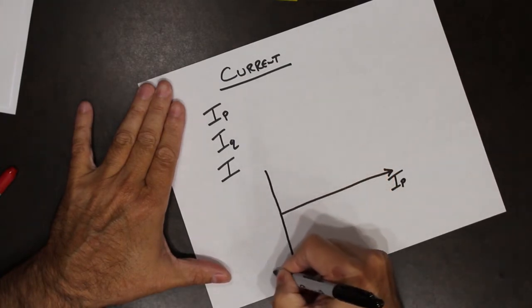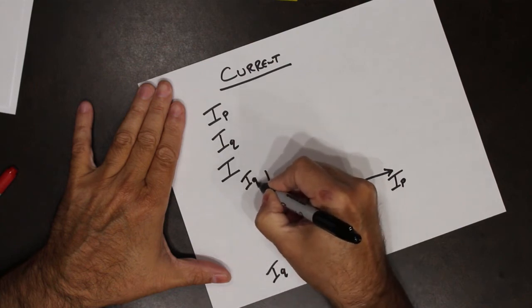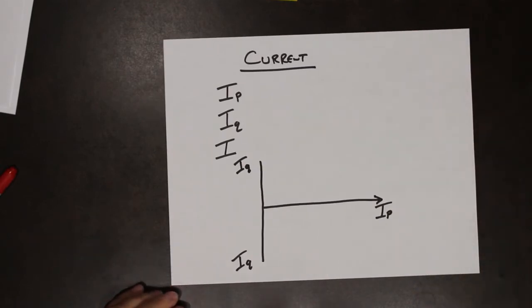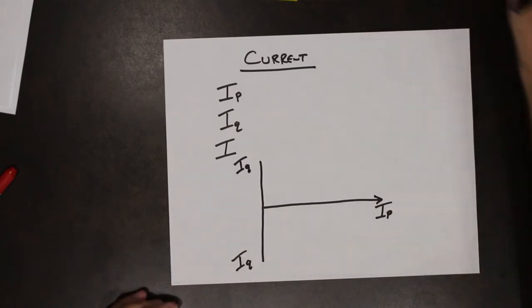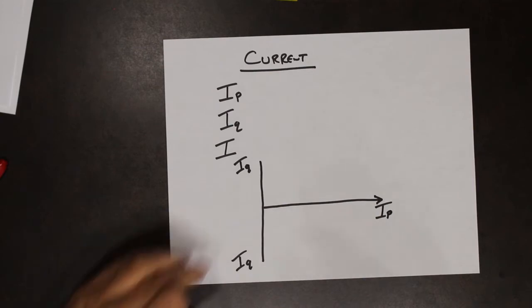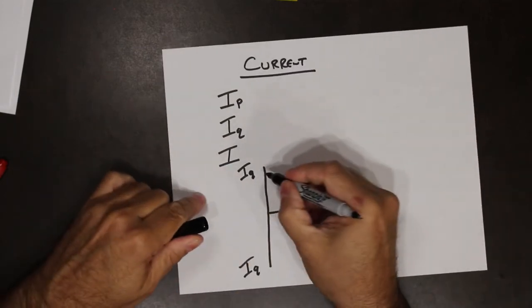Then we have IQ, or negative IQ, depending on whether we were dealing with inductive or capacitive current. If you remember from AC circuits, IQ, this one is leading.